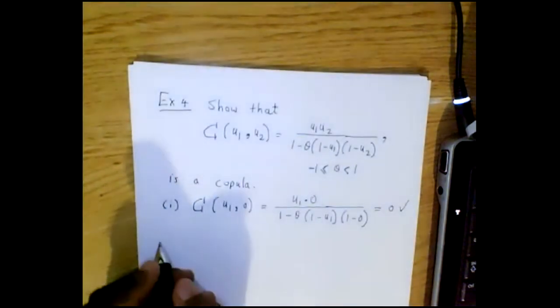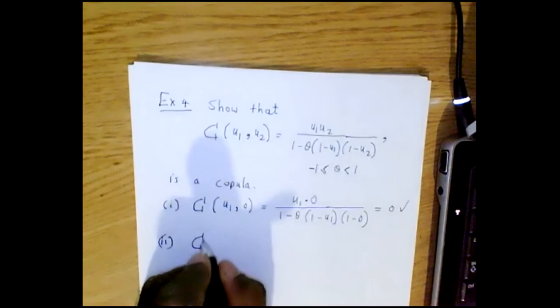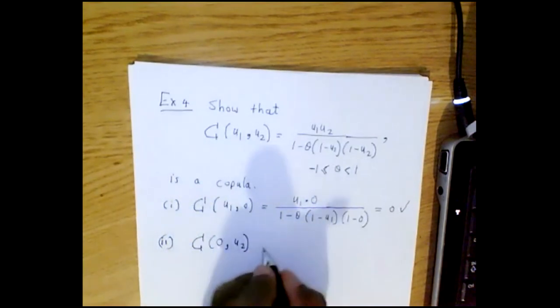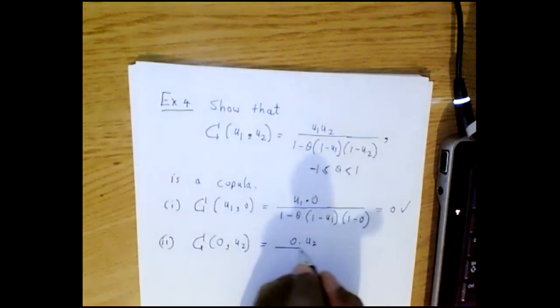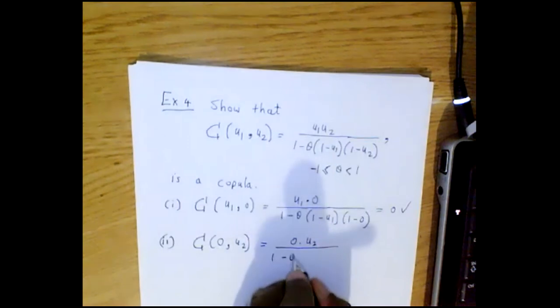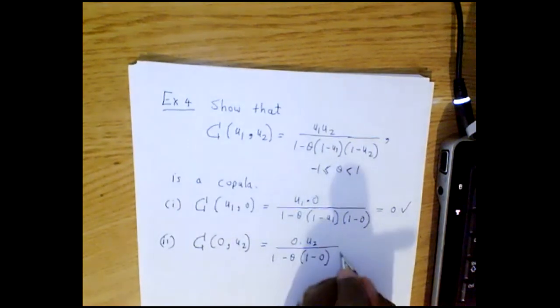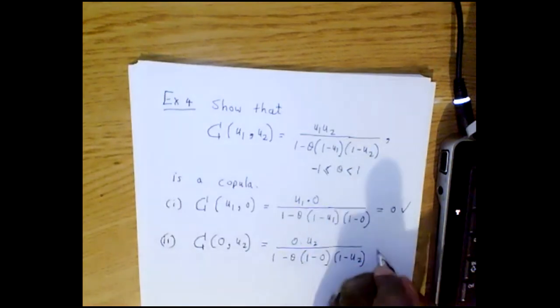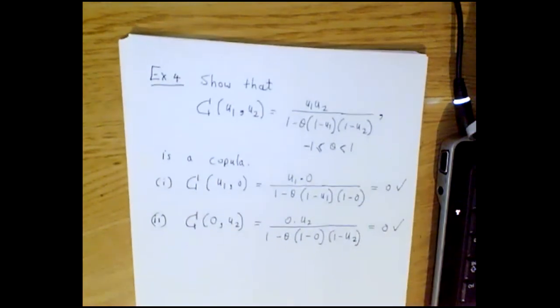Number 2 is C(0, u2). So it's going to be 0 times u2 divided by 1 minus theta, 1 minus 0, 1 minus u2. And this is 0. Right? So condition 2 is satisfied.